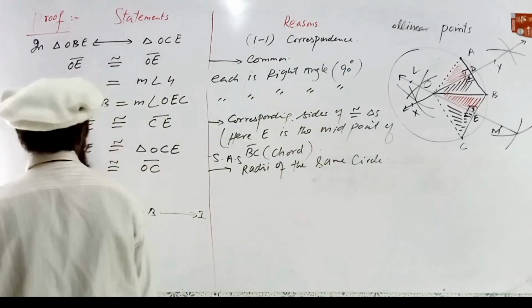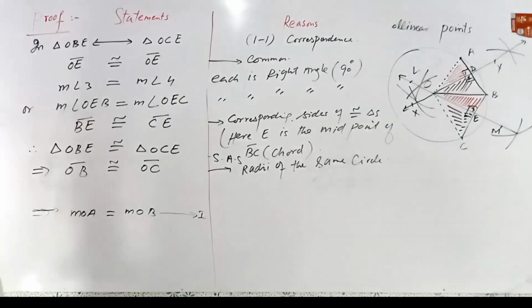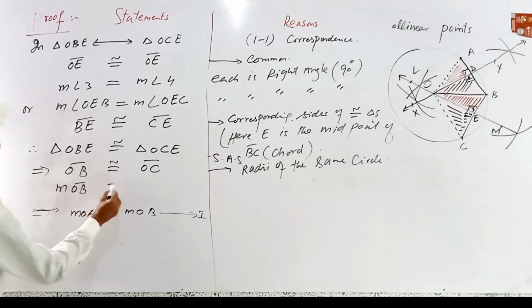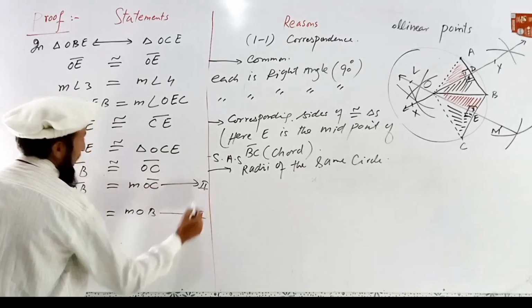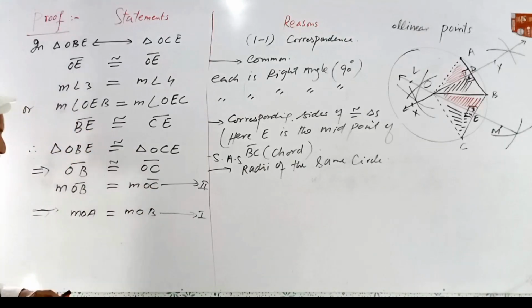Same circle, just one circle we have already drawn. Now we can say that measurement OB is equal to measurement OC. Give the name equation number second.